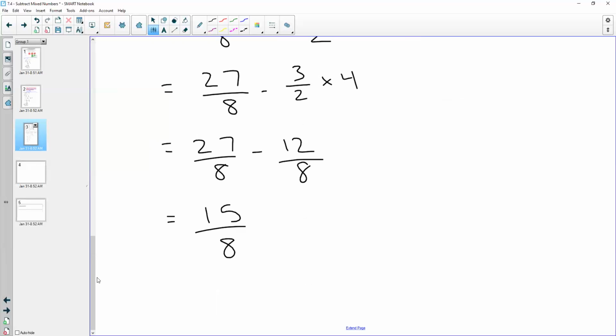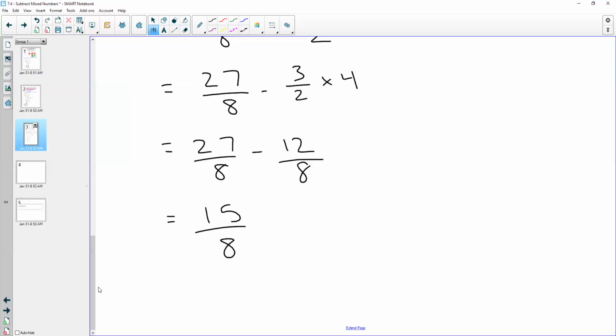Okay, we can put our mixed numbers into improper fractions to allow us to subtract fractions when we run into problems sometimes, okay? But we never want to give our answer as an improper fraction. So let's fix this. At this point, we need to ask ourselves, how many times does 8 go into 15?